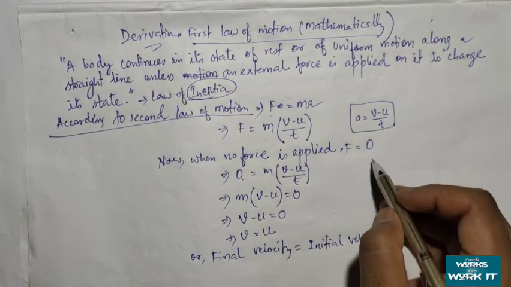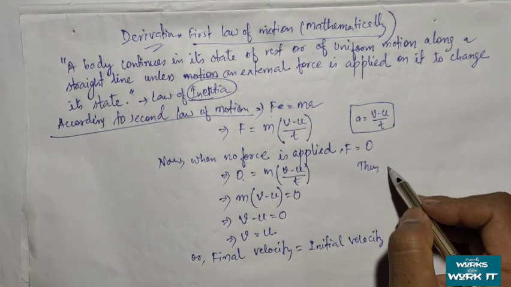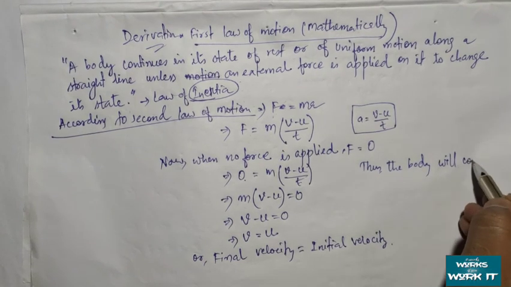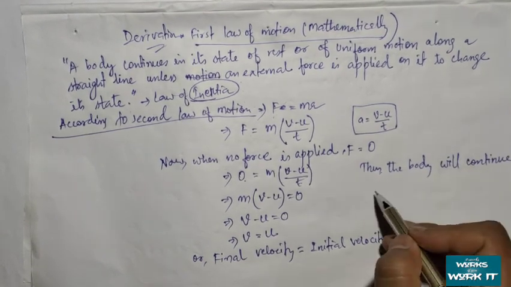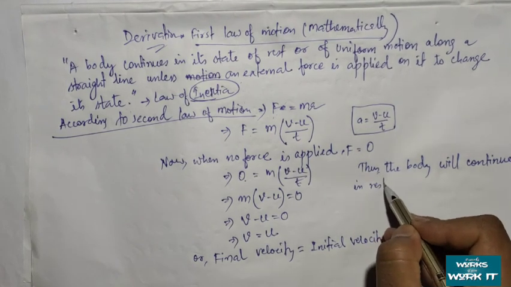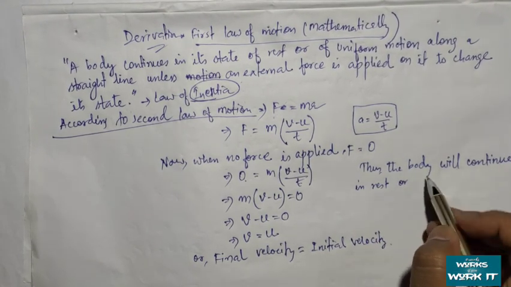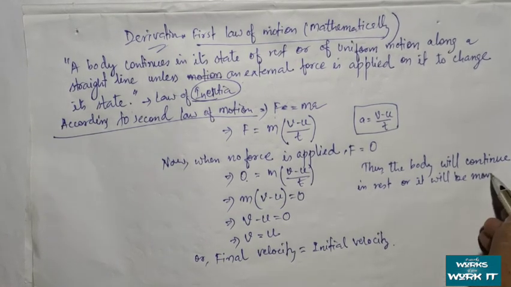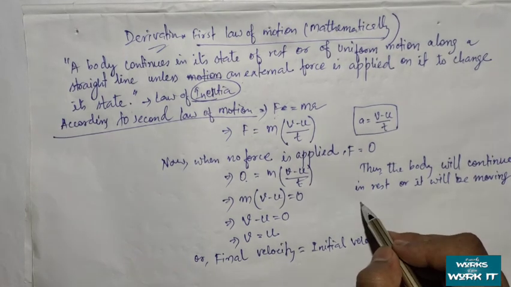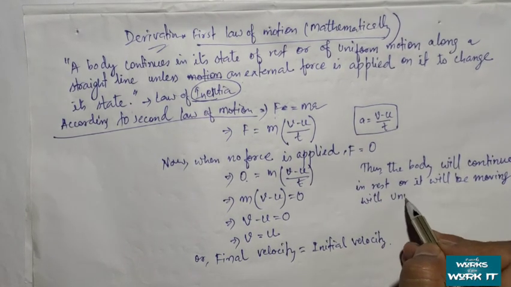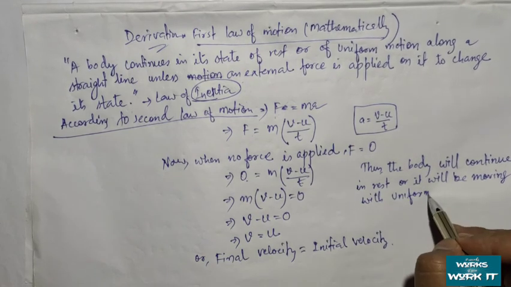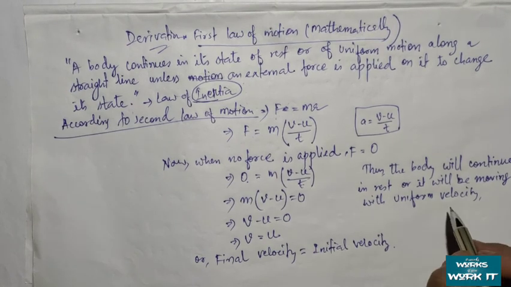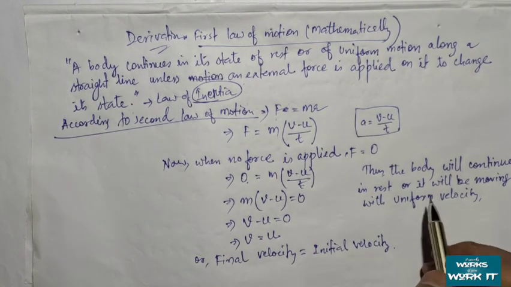Thus this means that the body will continue in a position of rest, or it will keep moving with uniform velocity throughout the straight line, until a force is applied to it.